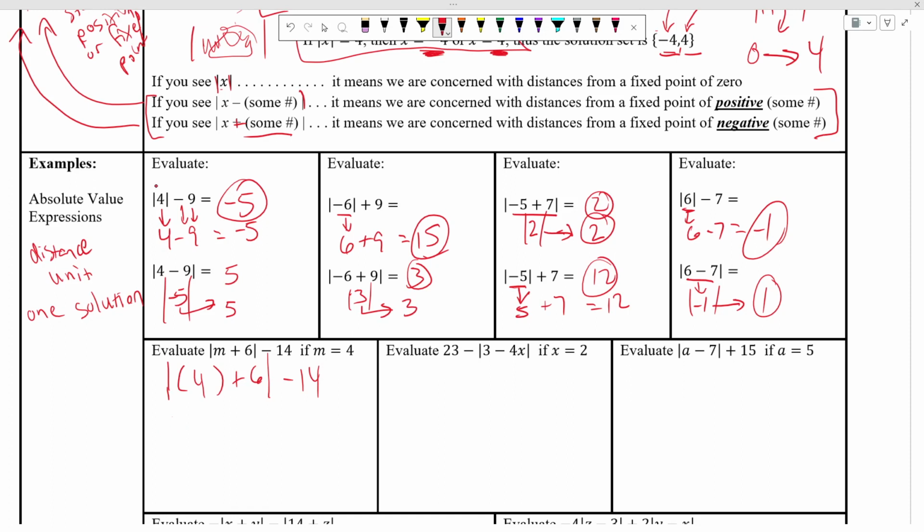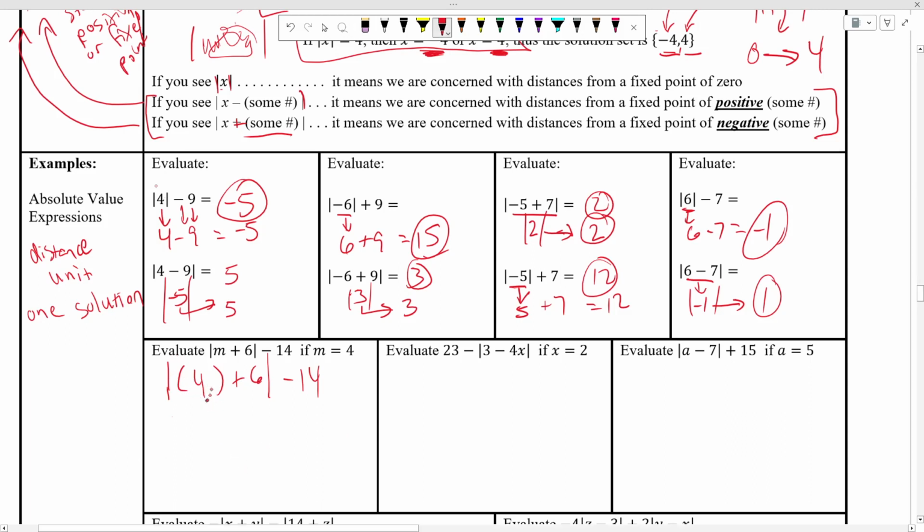So when you see an expression or an equation with these absolute value bars, what you want to do is work everything in the middle first, just like parentheses with order of operations. Work everything you can inside first, and then build out on the outside of it.